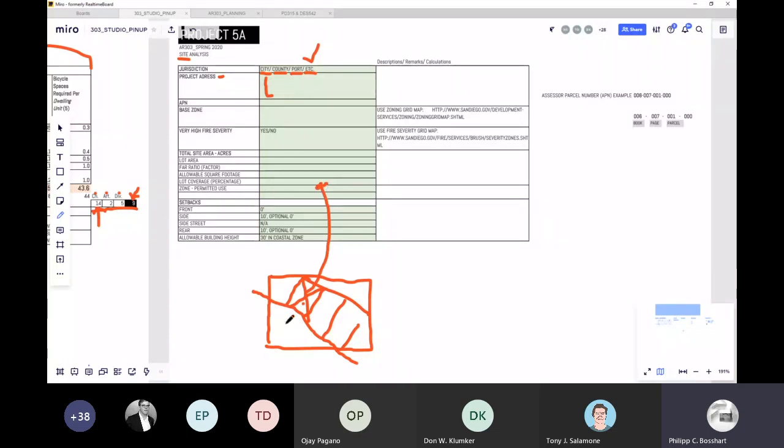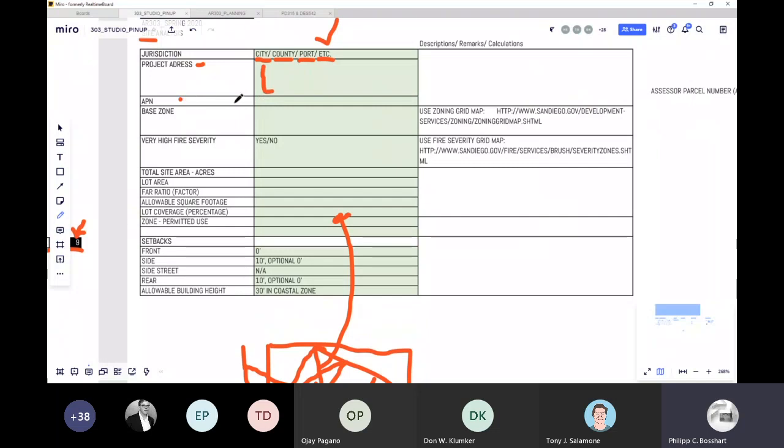Is it the commercial one or is it both? I would advocate, if it's a clean split like this, why not do both? But I think no more than two. If you're in a single type of zone, do the typical one.